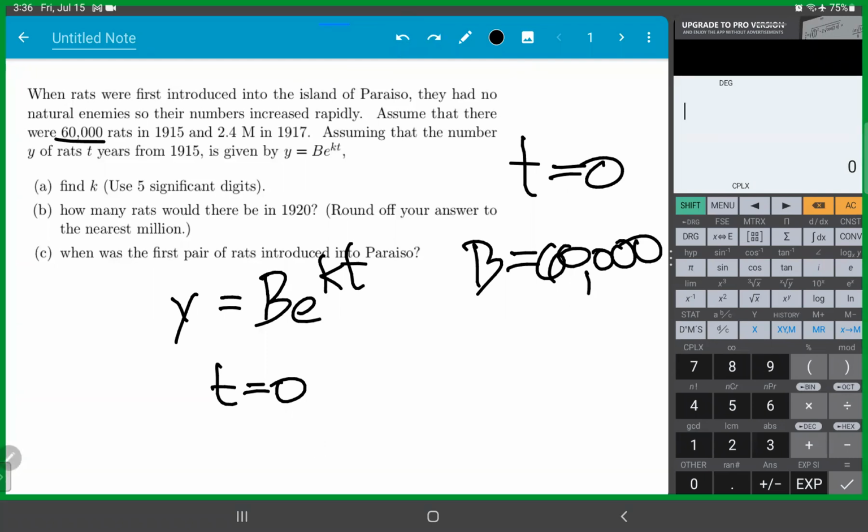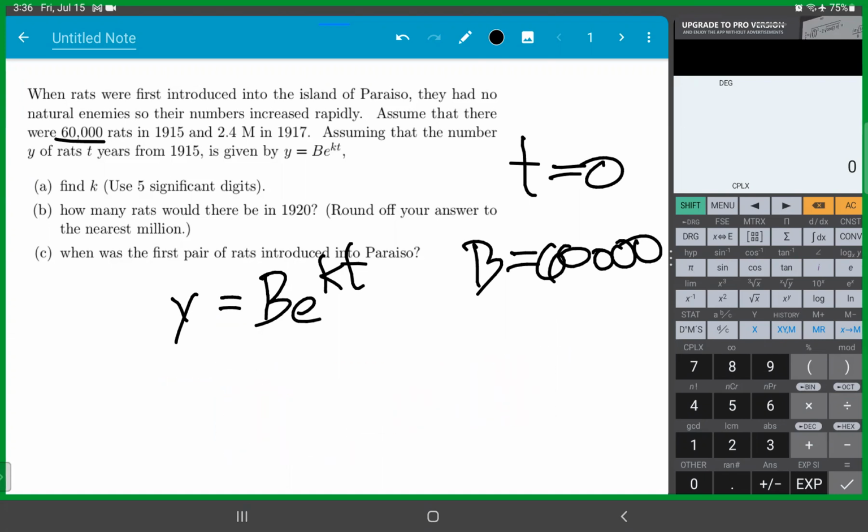So if you plug in t equals 0, note that y will be b e to the k times 0. And then the exponent here will just be 0, and e to the 0 is 1. So this tells you that b is the initial condition, or the initial amount, the initial population, depending on the given in the problem.